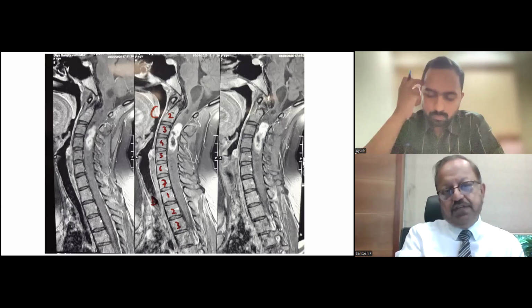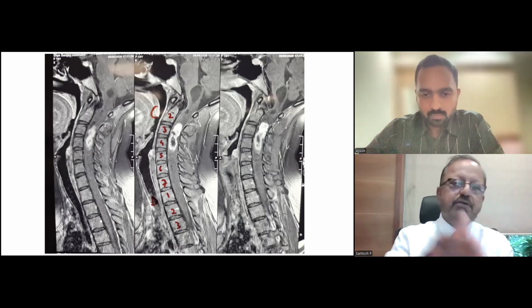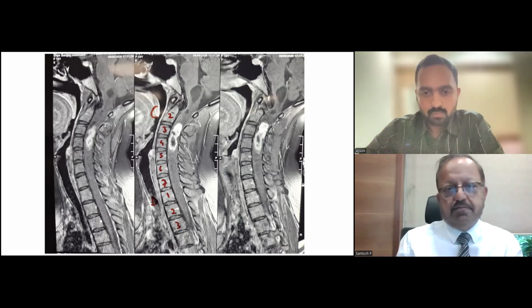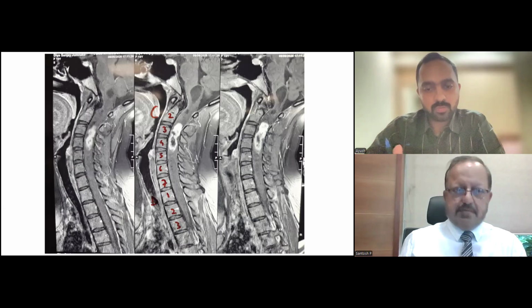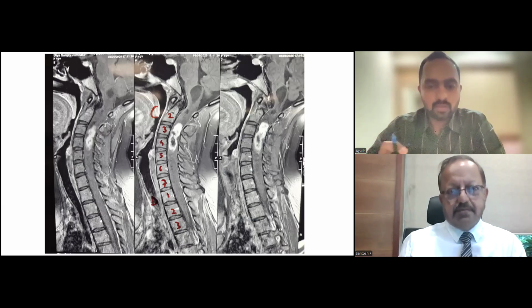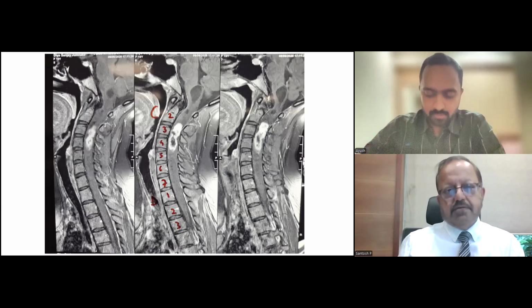So in view of this, would you like to change the order in which you are putting your diagnosis? Considering the point that we gave, astrocytoma would be kept above ependymoma. Correct. Understood.